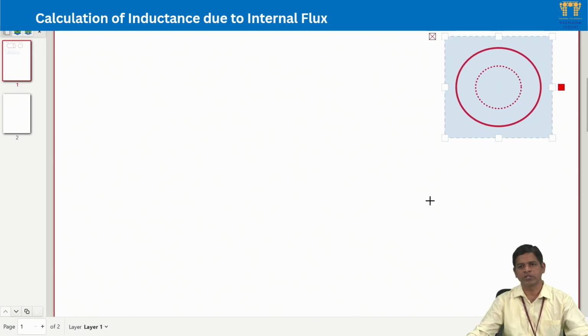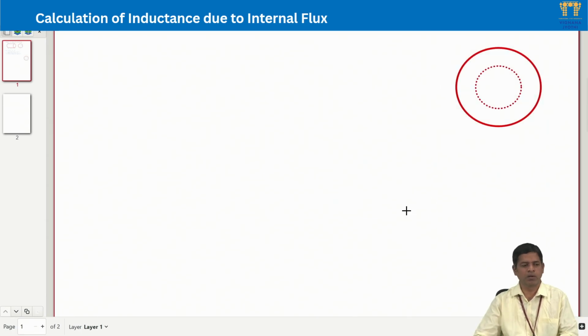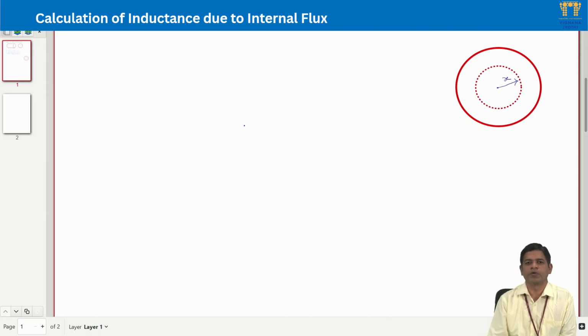So here what I am doing is I am taking the same conductor, a point at x units from the center of the conductor. So this point I am taking as x, which is concentric in nature.